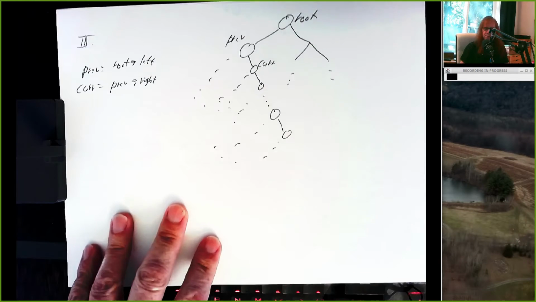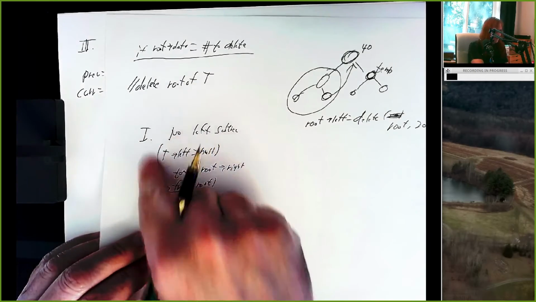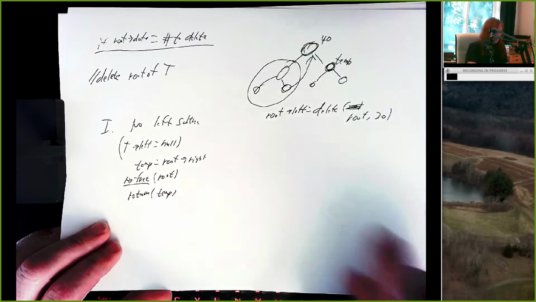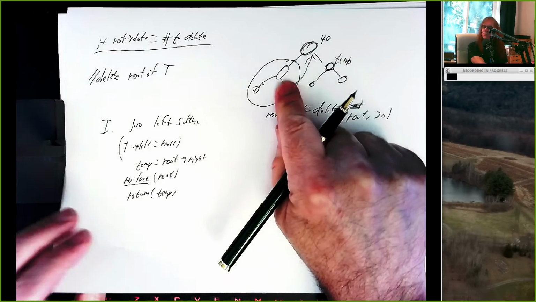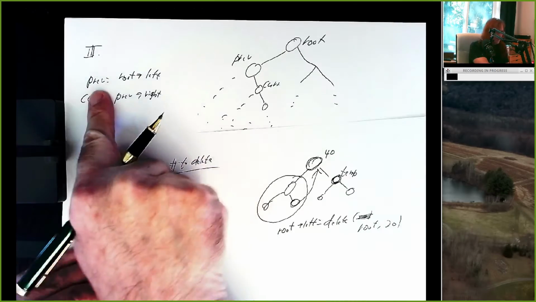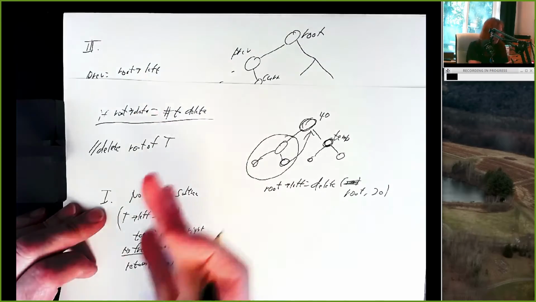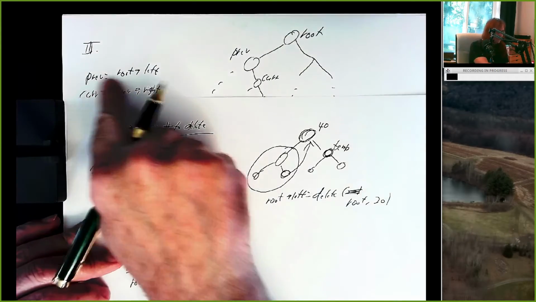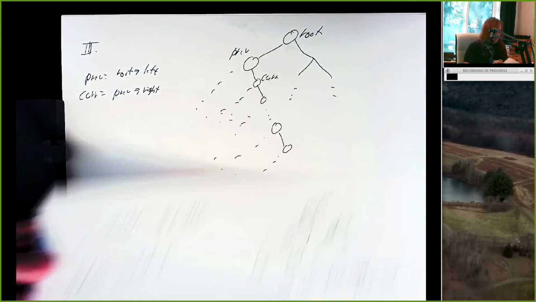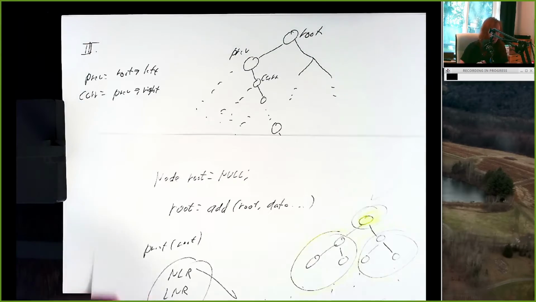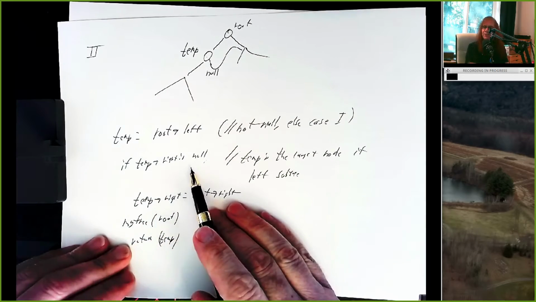And you should know two things here. First, you're going to check for case 1, which is the case where there is no left subtree. So if we're in case 1, previous is going to be null, but in case 1 we're going to do something and return. So we know that previous is not null. Case 2 is the case where we have something to the left, but it has nothing to the right.